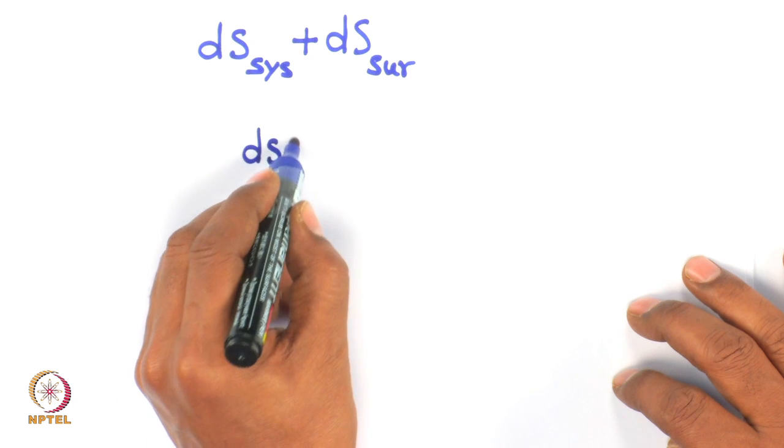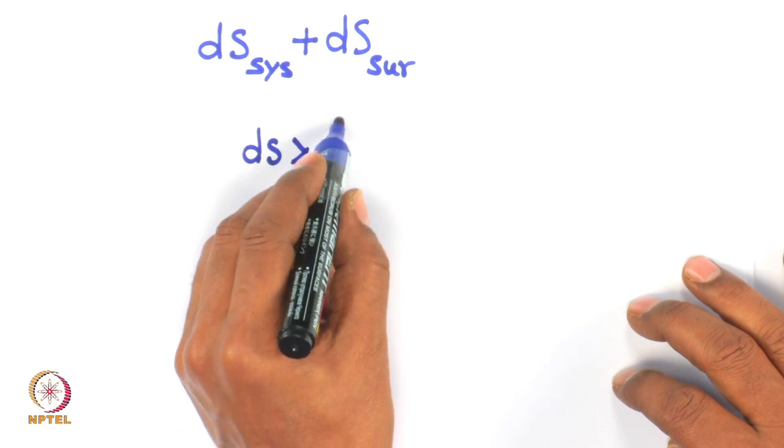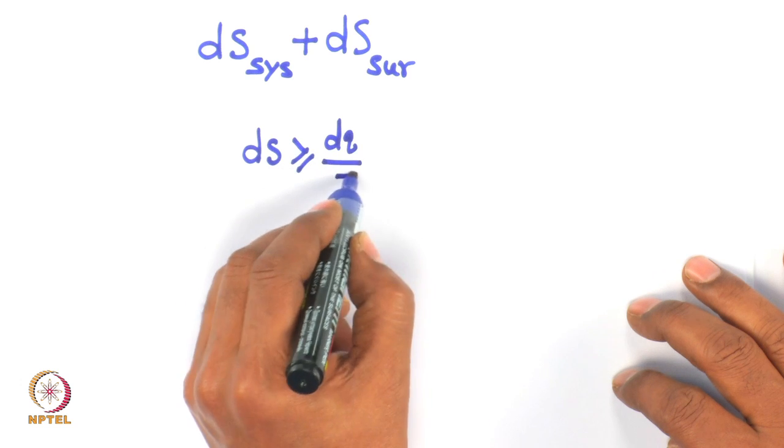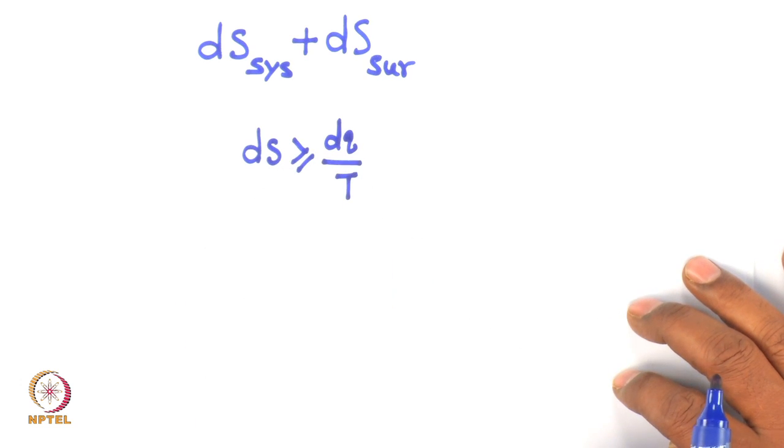So, let me go back to the Clausius inequality, ds is greater than dq by T. Expansion into vacuum means expansion against P external equal to 0, which is a spontaneous, irreversible process.